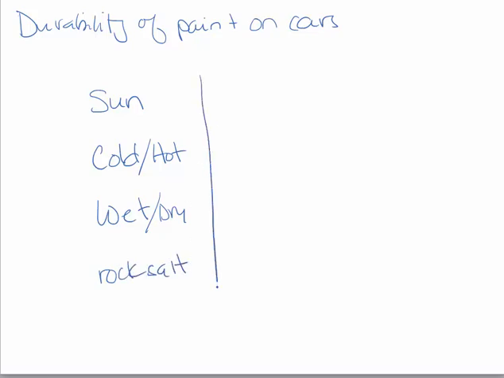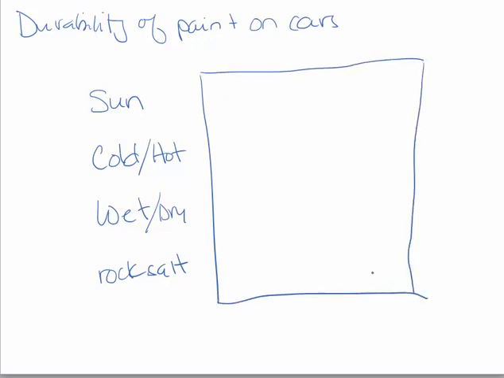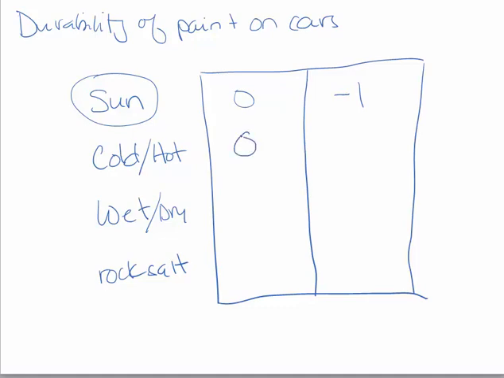What we do when we set up these experiments for a simple factorial design, in this case a 2 factorial design, is split our options into 2. So for sun, it can either be sunny or not sunny, so maybe it's a cloudy day. It can be hot or cold. And as an engineer, we would set limits.